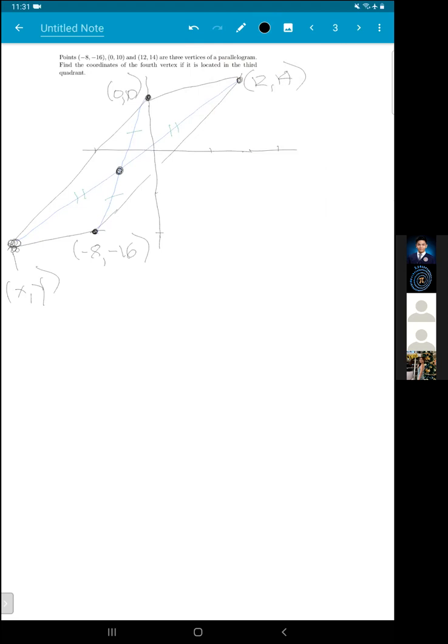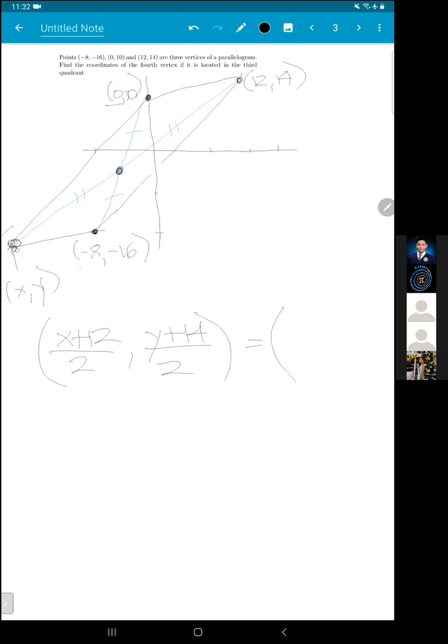Now, let's do it by first using these 2 points. Averaging the coordinates, x plus 12 over 2, and then y plus 14 over 2. But since they bisect each other, this is also the midpoint of these two. So I'm going to use these two and apply the midpoint formula to get the same point.